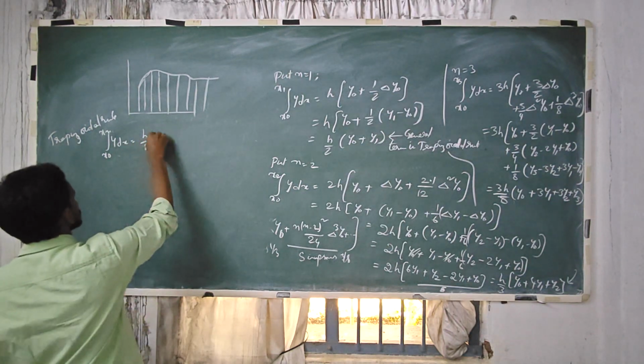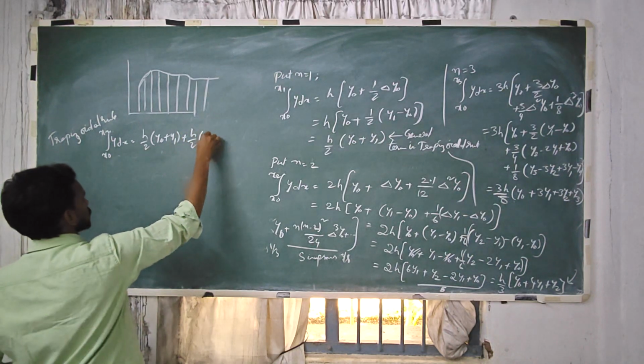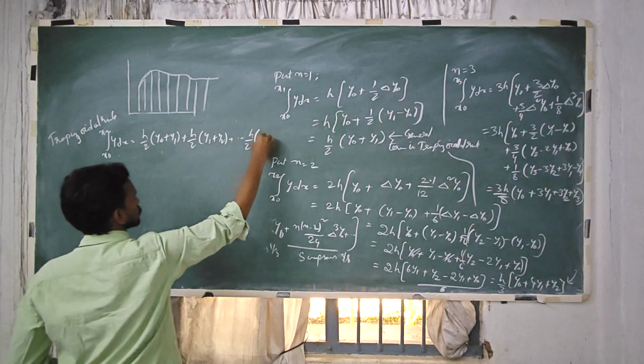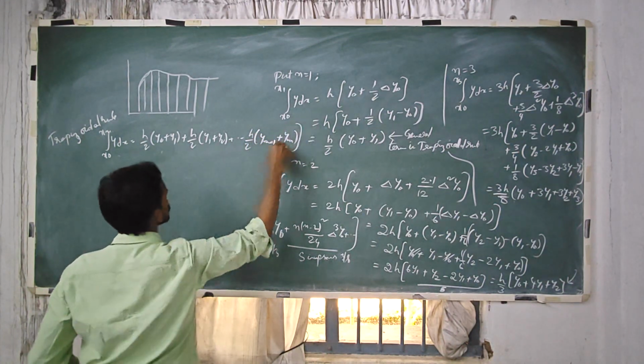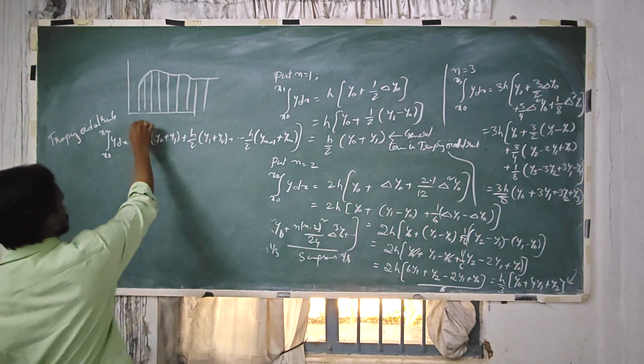So you have h by 2 (y0 plus y1) plus h by 2 (y1 plus y2), up to h by 2 (yn minus 1 plus yn). That is the total set.